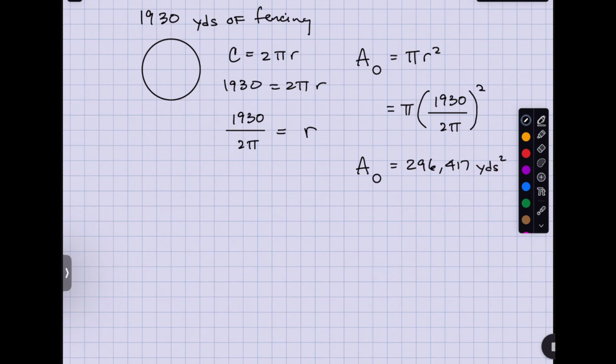Let me do number 17 really quick. That should just equal to 1/2 base times height.